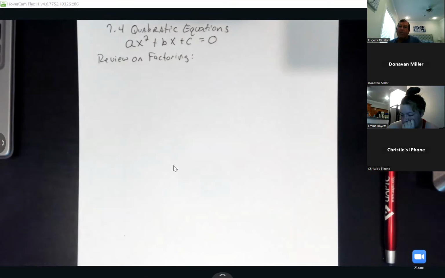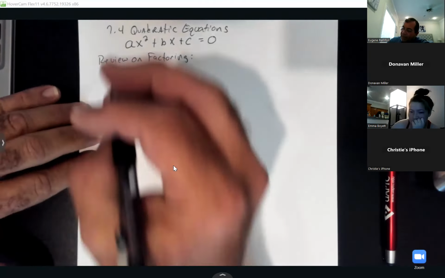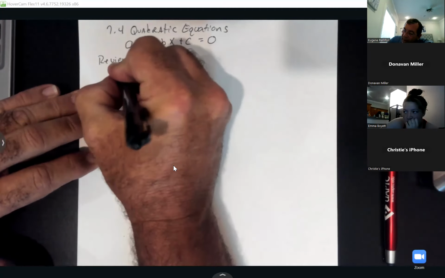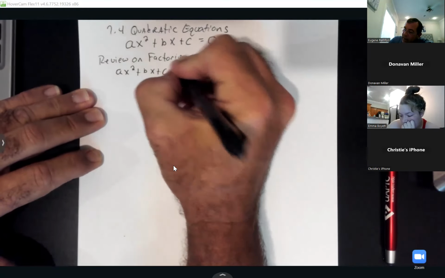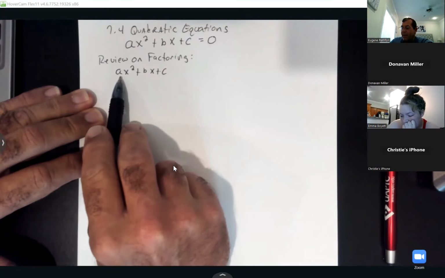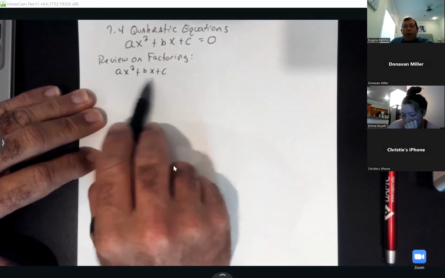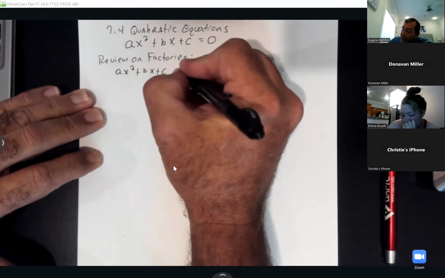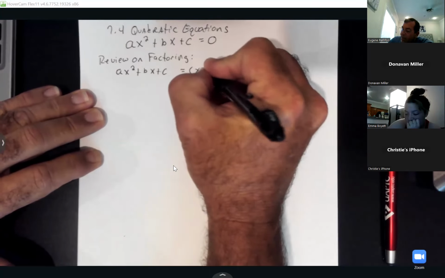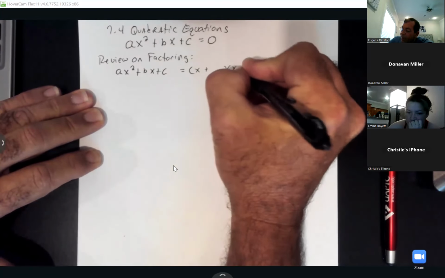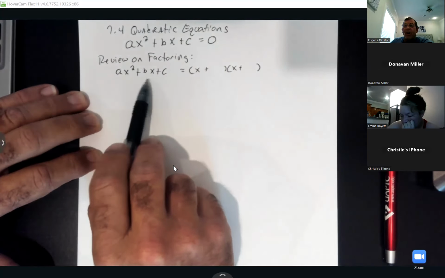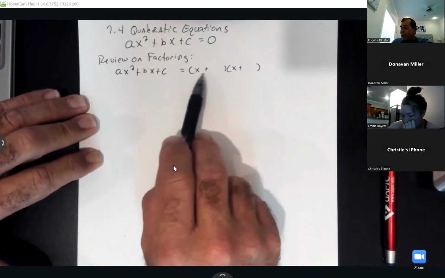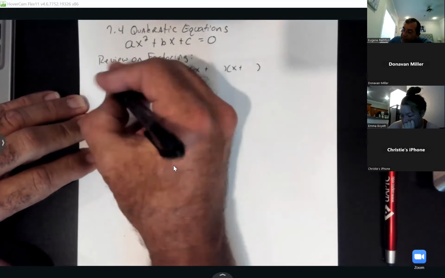And y'all, there'll be 4 different signs that can happen. If A, B, and C are all positive numbers, when you factor this, both of these will be positive. So if both your numbers B and C are positive, when you factor it, both signs will be positive.